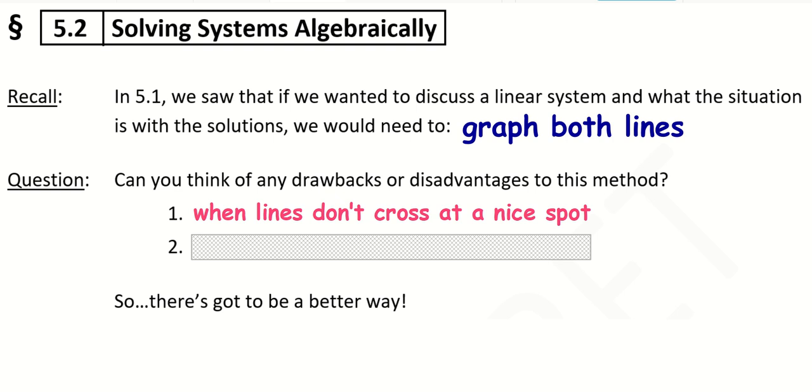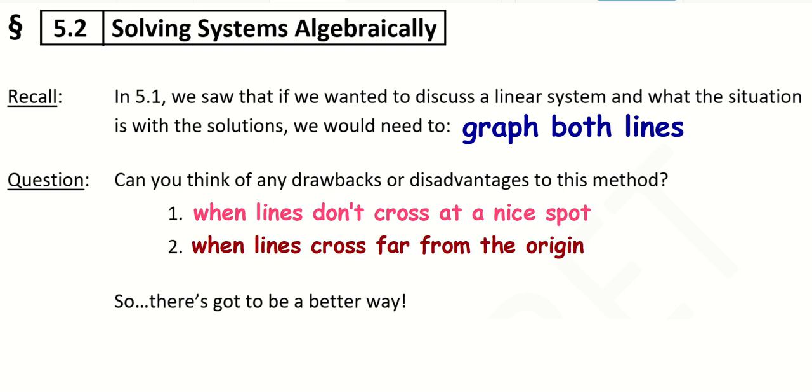Can you think of another kind of situation where you wouldn't be able to tell where the lines cross? Well, what if the lines are set to cross really far away from the origin, way out of bounds on your grid or on your paper?